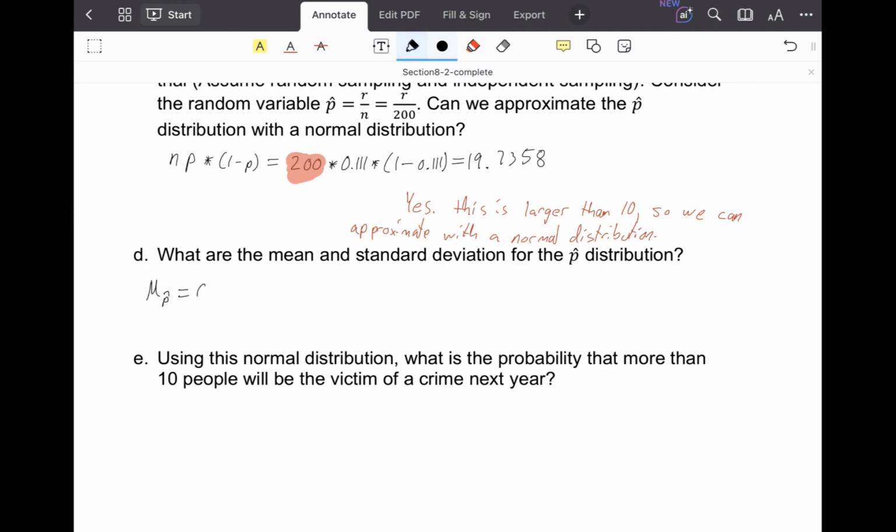This is equal to P, which is 0.111, and the standard deviation is the square root of 0.111 times 1 minus 0.111, divided by 200, which is all inside a square root.